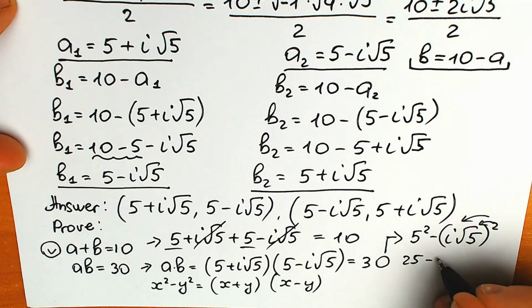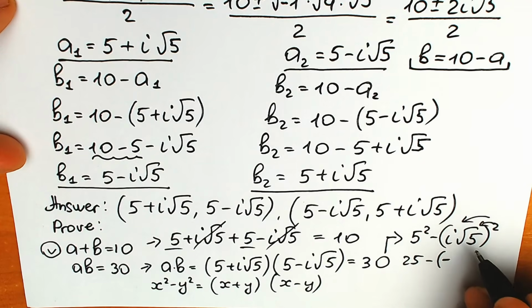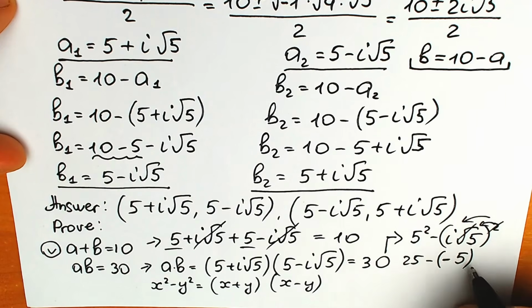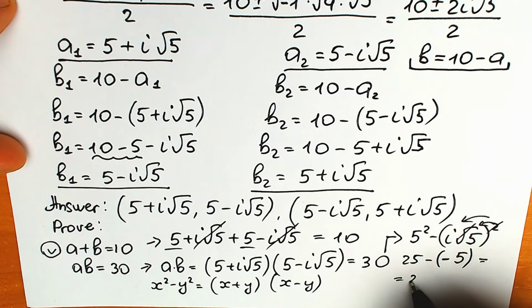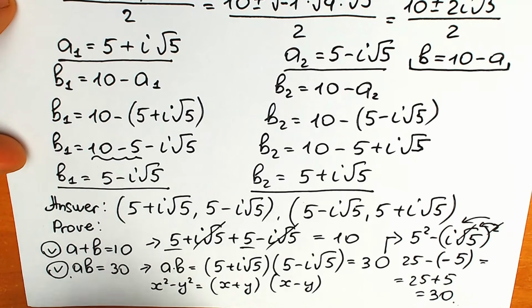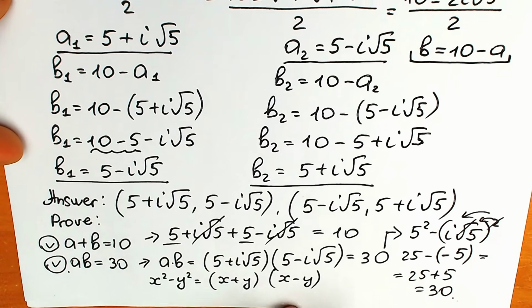So I square equal to minus 1. So we have minus, and square root of 5 to the power 2 equal to 5. We just cancel this square root sign with this 2. So 25 plus 5 equal to 30. So yeah, this is a correct root. Yeah, ab equal to 30. We just prove it.